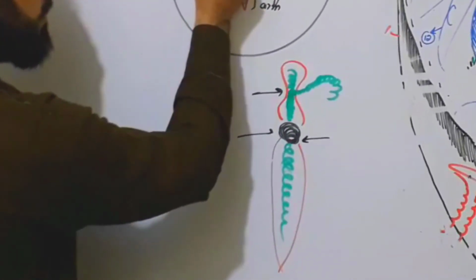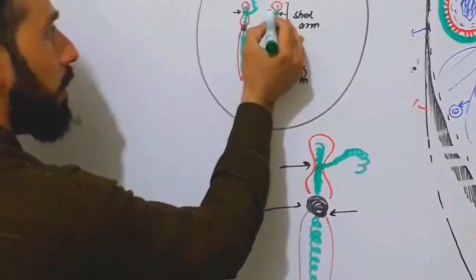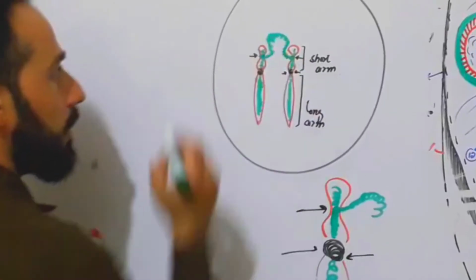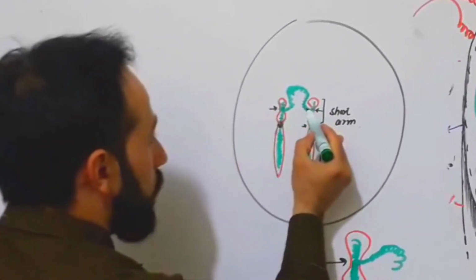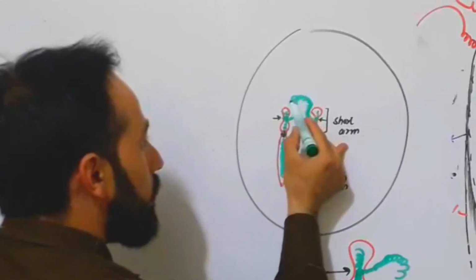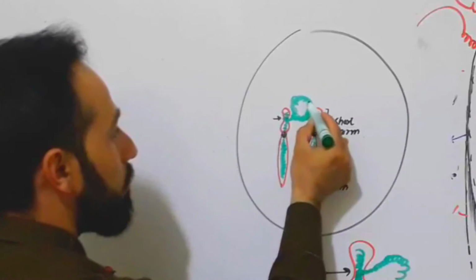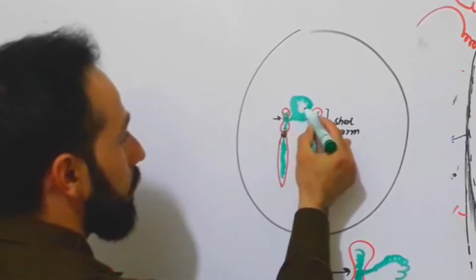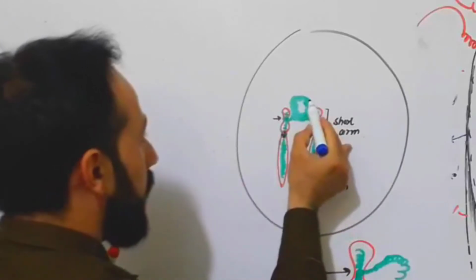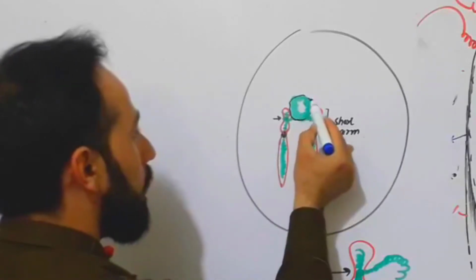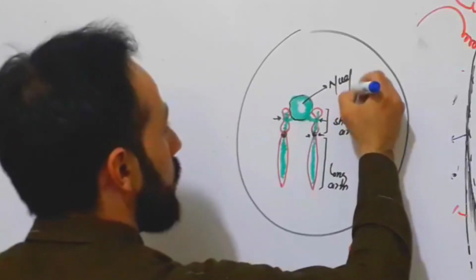Look carefully, the DNA from these chromosomes has come out and made a rounded structure here. This rounded structure made by the outcoming DNA is called the nucleolus.